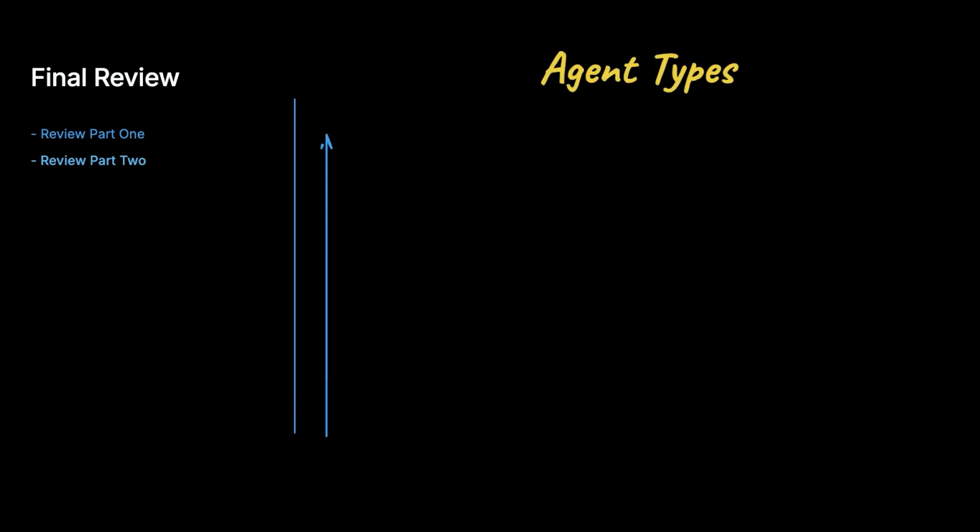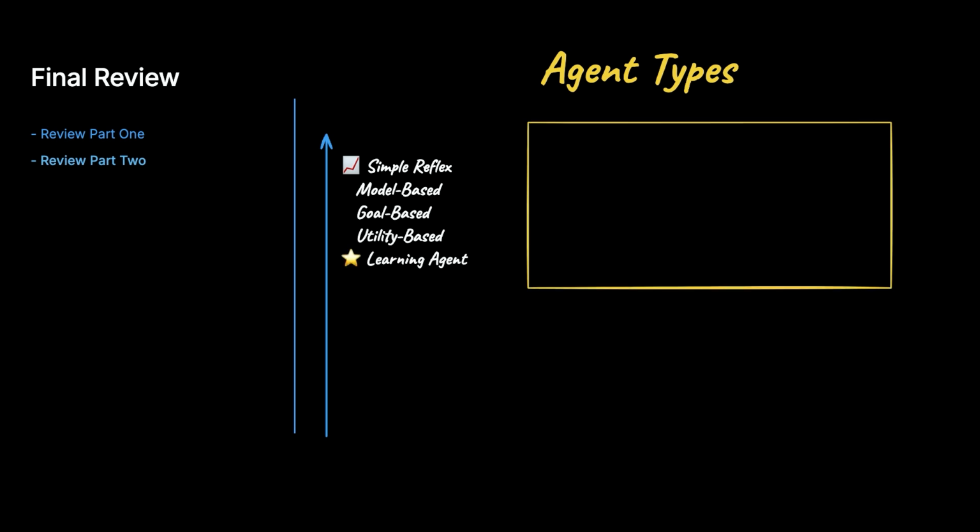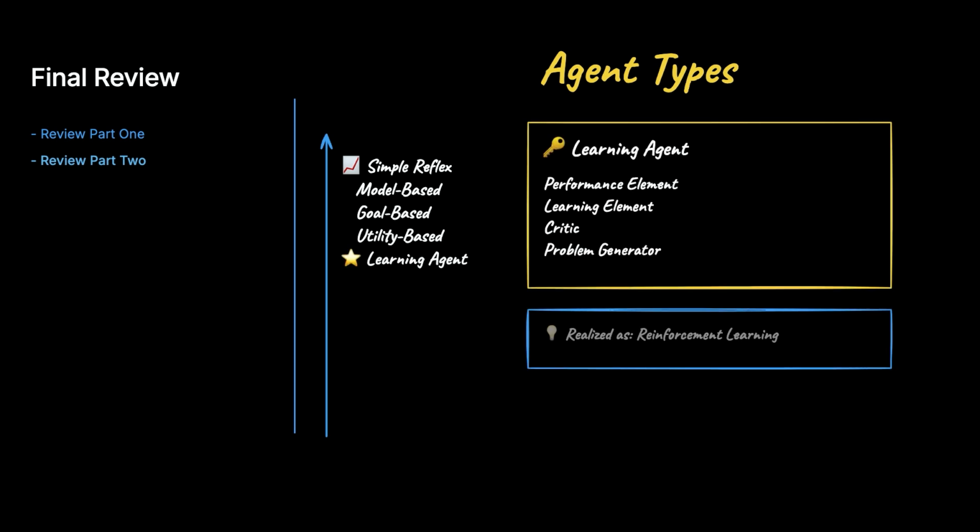You have also climbed the ladder of 5 agent types, from the simple reflex agent reacting to the moment, through model-based, goal-based, and utility-based designs, to the learning agent that improves itself. And you have seen its 4 components: the performance element, learning element, critic, and problem generator, realized as reinforcement learning.